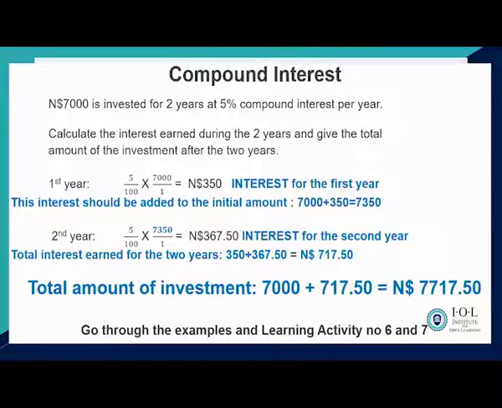So it's the 7,000 plus that 350 plus the 367 to get your final amount. So make sure that you know what the difference is and read your question, compound or simple interest. And also make sure that you read what is asked. Is it the interest asked or is it the total amount asked?